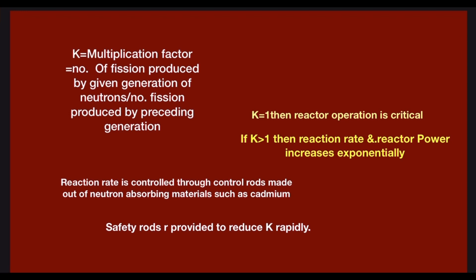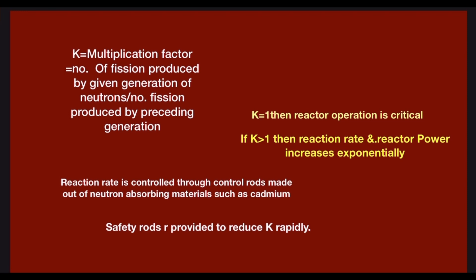If K is equal to 1, then the reactor operation is critical. If K is greater than 1, then the reaction rate and reactor power increase exponentially. The reaction rate is also controlled by control rods, which are made out of neutron-absorbing material such as cadmium.